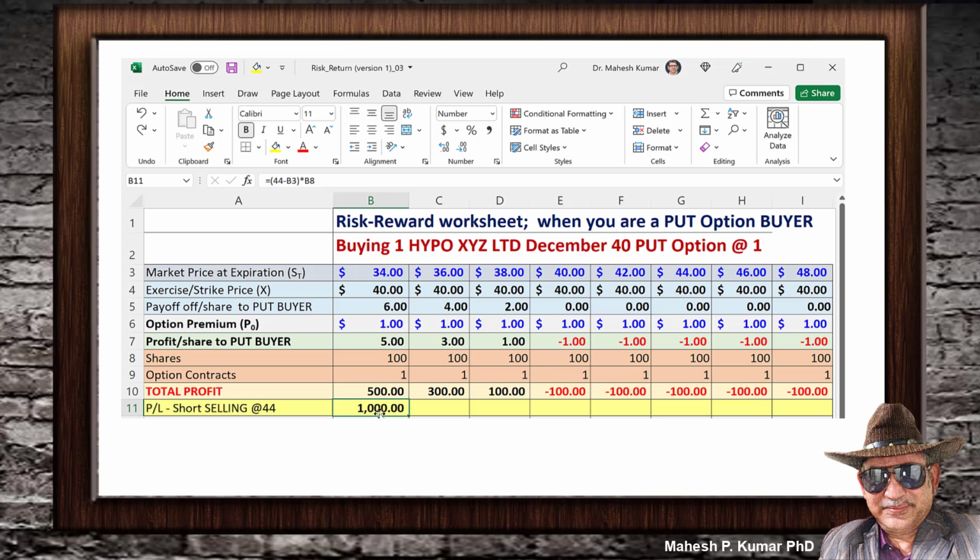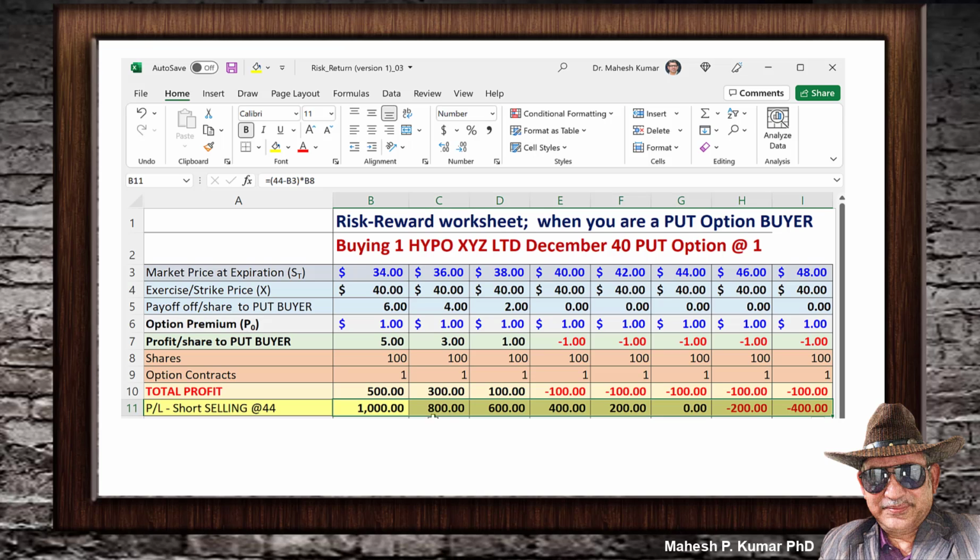Some of the traders are allowed to short the stocks, to sell what you don't own, right? So here if you short at 44, this is the scenario that we are assuming here, and later on the price goes down to 34, naturally you are making a profit of $10 per share. So if you multiply it by 100, you get a total profit of $1,000.